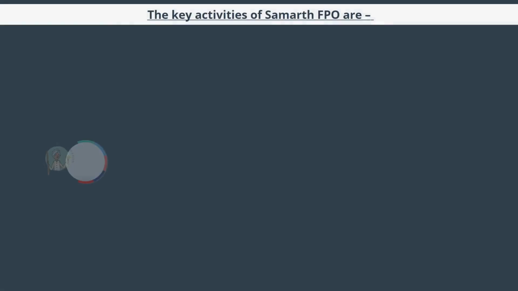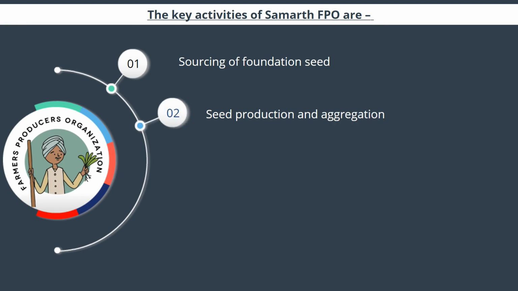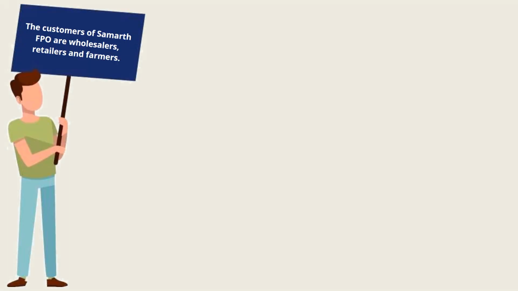The key activities of Samarth FPO are sourcing of foundation seed, seed production and aggregation, processing and packaging, seed certification, and the distribution to the customers. The customers of Samarth FPO are wholesalers, retailers, and farmers.